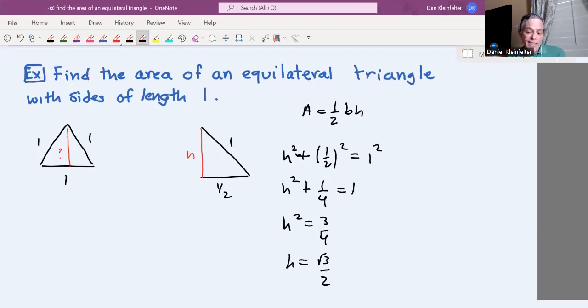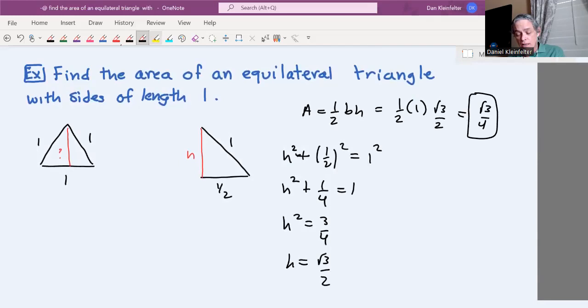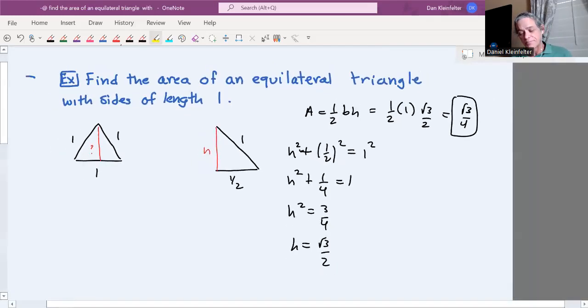Okay, now we've finally done it. We've got that height. The base is 1, the 1/2, and the height, square root of 3 over 2. Overall, multiplying across, we'll have the square root of 3 over 4 as the area of that equilateral triangle.